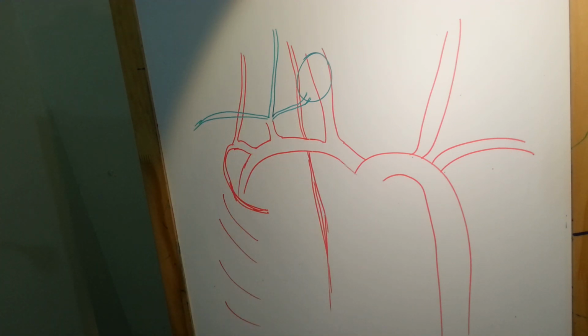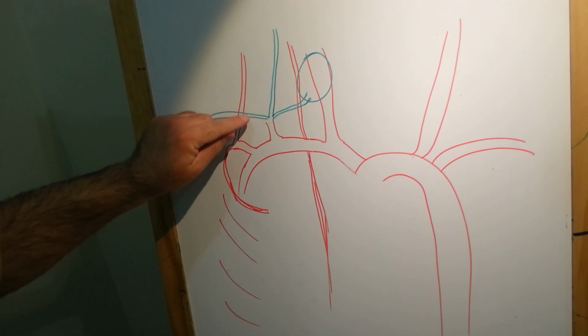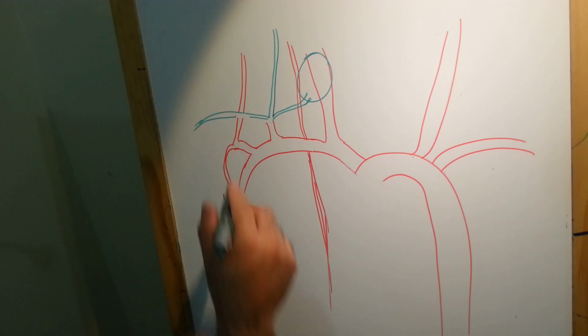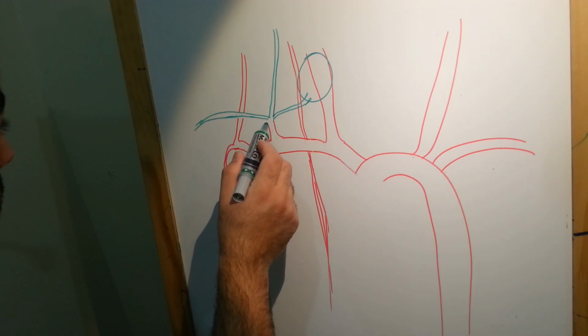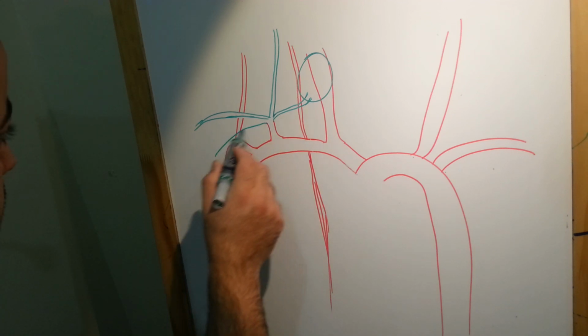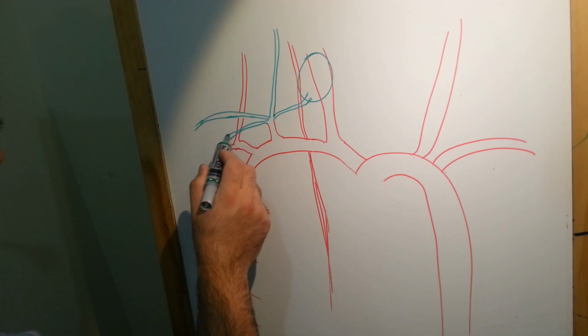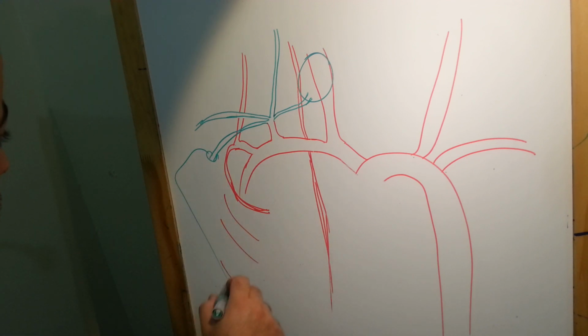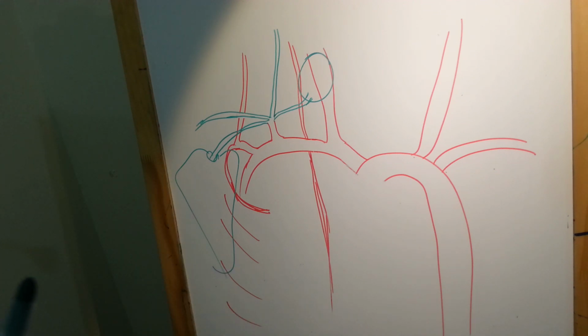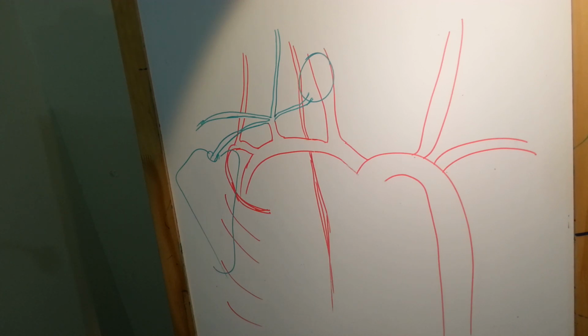It's called the transverse cervical, and one going also back but lower, to the scapula. It's called the suprascapular artery. And by this we finish all the branches of the subclavian.